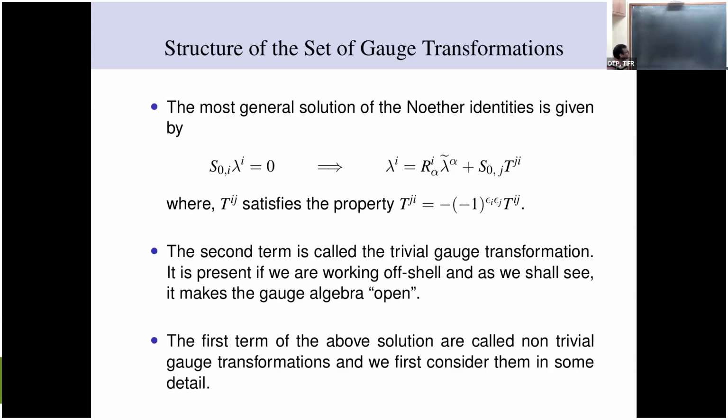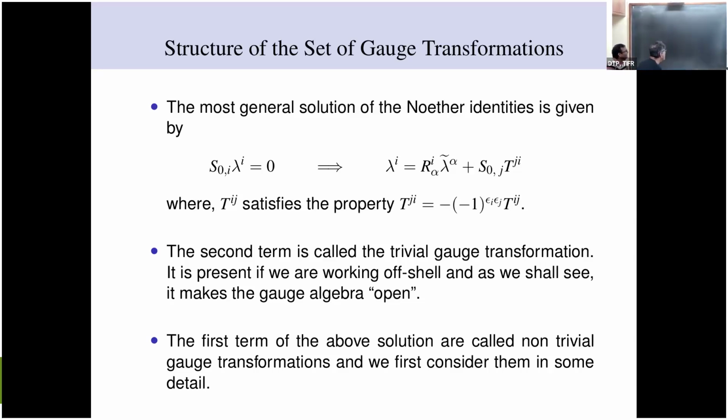So the general solution of this Noether identity takes this form. We have, of course, the particular solution with which we started, R I alpha times some parameter lambda tilde alpha. But now you also have a new term, S0J, which is proportional to the equation of motion, times TJI, where TJI satisfies this graded anti-symmetry property.